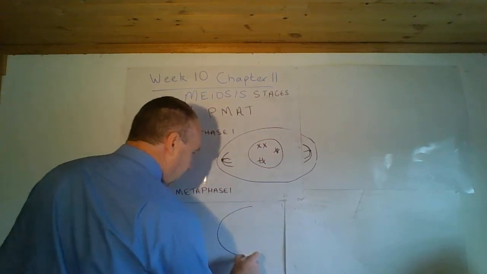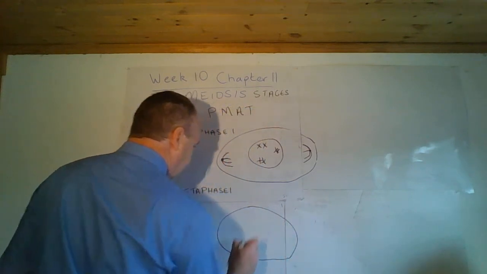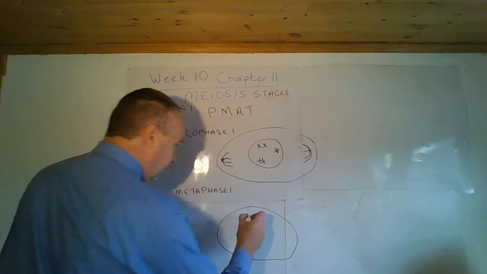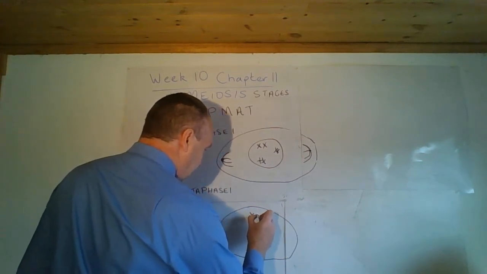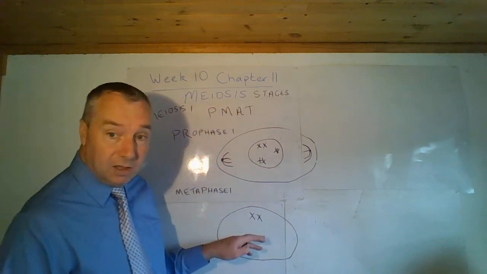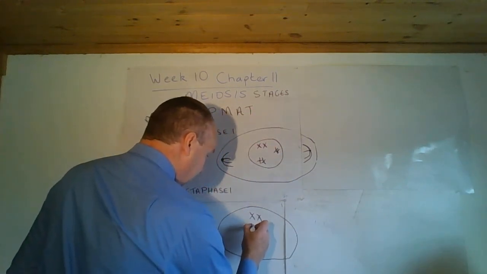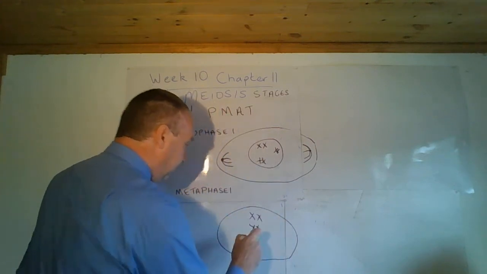The similarity is, as I said, meta you can think of as being middle, so you get stuff lining up in the middle. But instead of a single line of chromosomes, we have two lines of chromosomes, because they paired up.